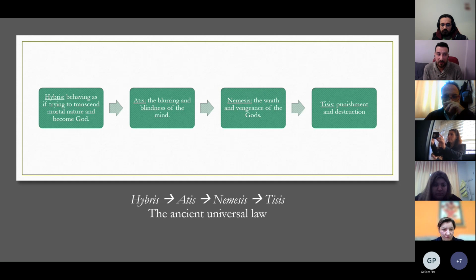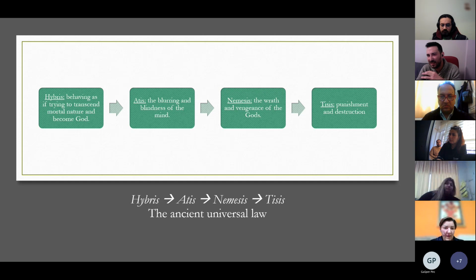First of all, hybris is when we behave as if trying to transcend mortal nature and become God ourselves. So if someone behaves violently or even recklessly, arrogantly, and even insultingly toward the physical rules, the laws of the state and especially the gods, in an overestimation of one's abilities and powers, then this person was considered to have committed hybris.